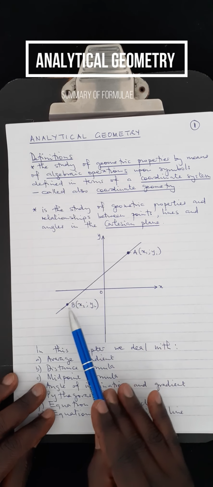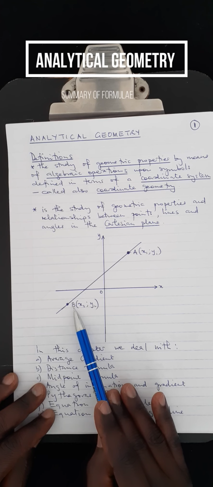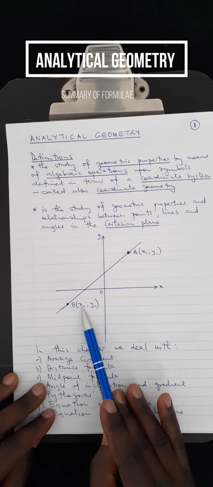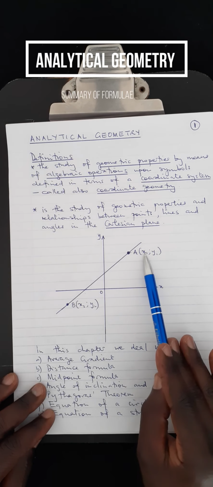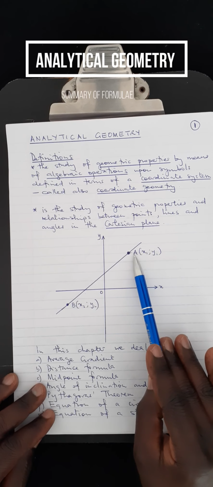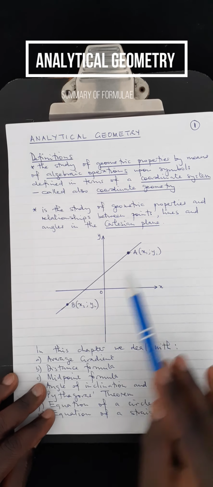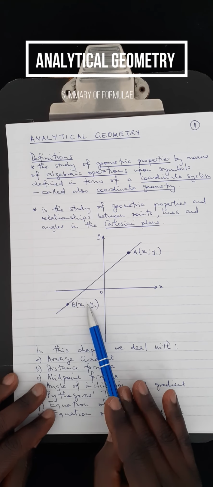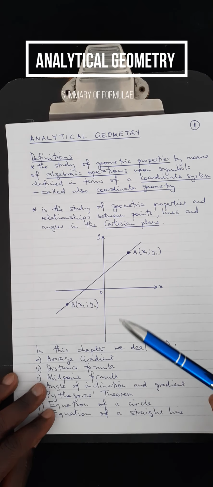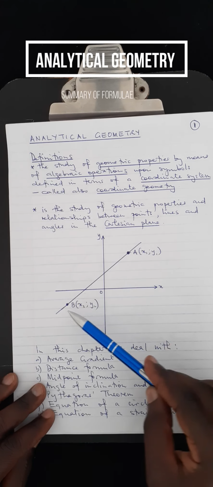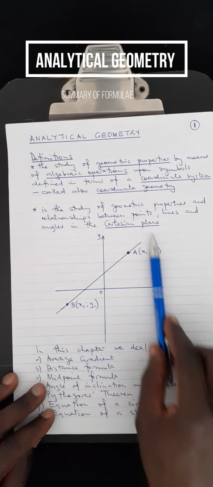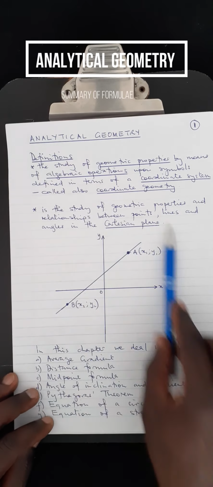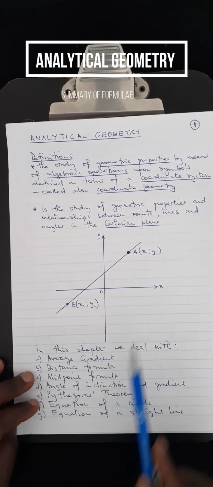B also has an x coordinate and a y coordinate. Here I've got x1, y1, indicating that I'm taking point A as my first point, and x2, y2, taking B as my second point. So we indicate the position of these points on this plane surface. That's what a Cartesian plane is about.